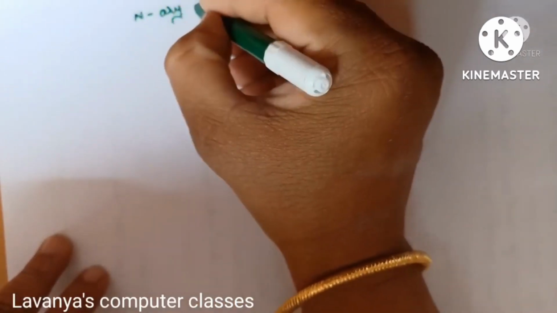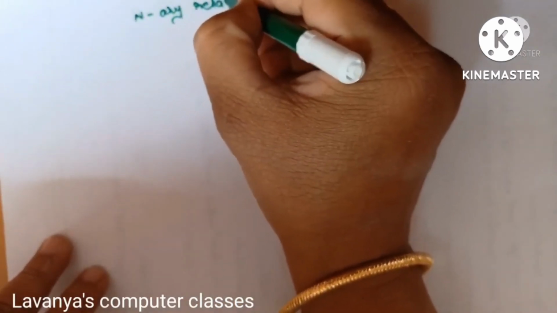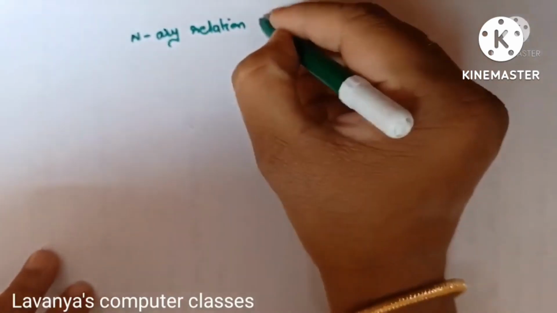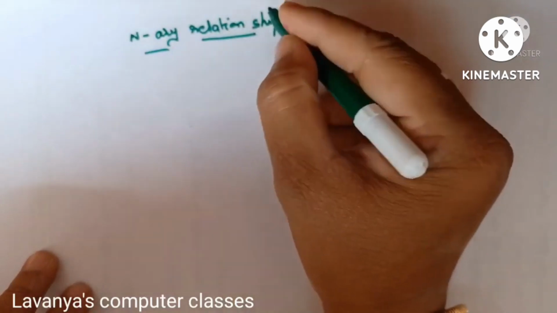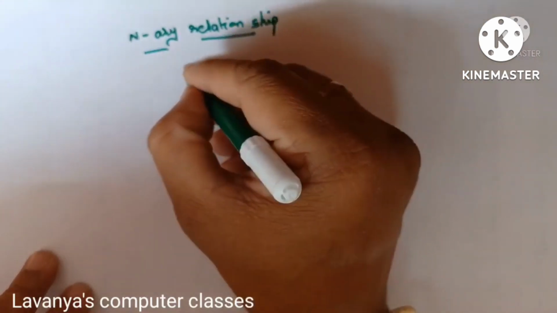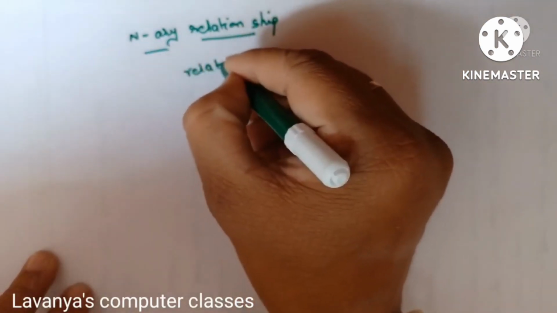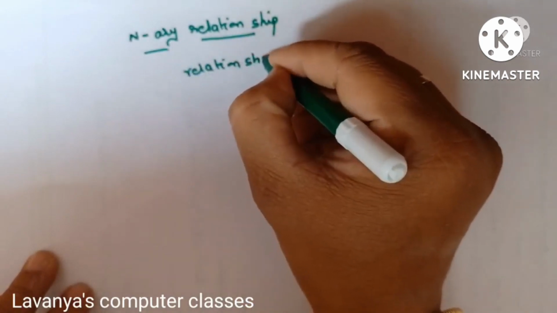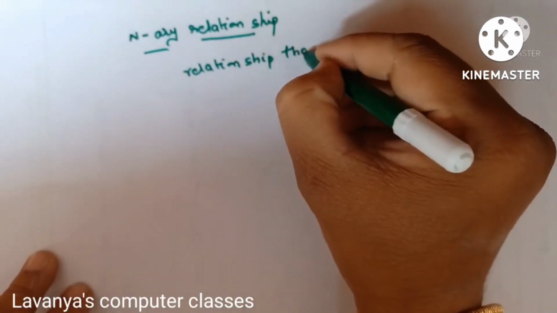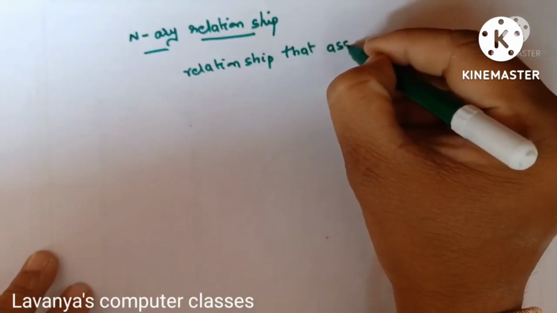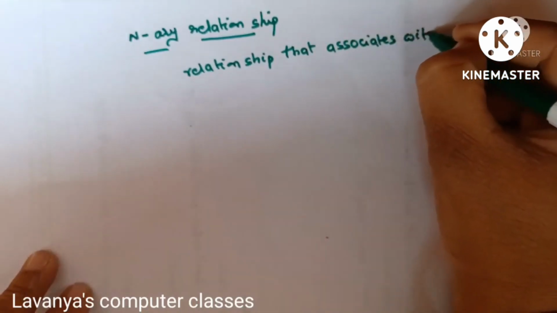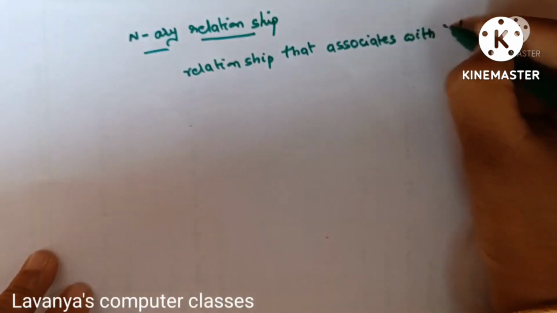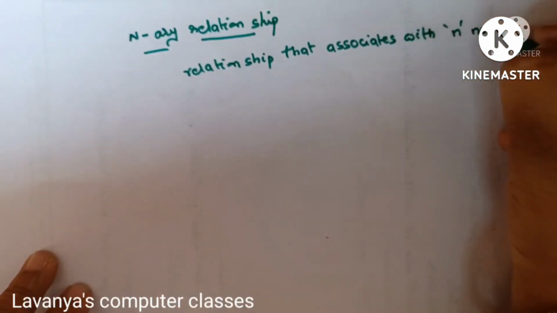The last relationship is the n-ary relationship. What does n mean? Here n is any number other than 3, because 1 means one entity set, unary, 2 means binary, 3 means ternary. Other than 3, any number is called an n-ary relationship. A relationship that contains an association with more than 3 entity sets is known as an n-ary relationship.